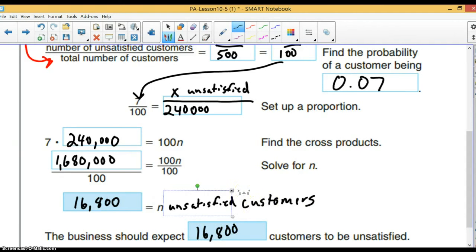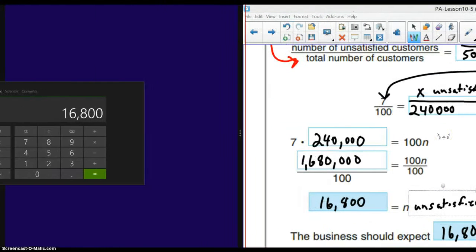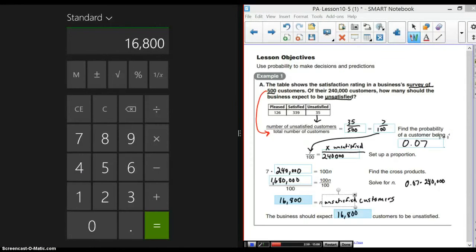And this will work every time. Now, we could have sped this up a little bit by doing 0.07 times 240,000. And if we do that, we get the same answer as we had before.